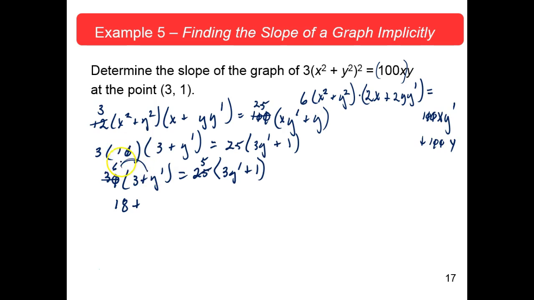You're distributing the 6 inside, right? I said 6y. Oh, you did. Okay, I'm sorry. Speak up, I can't hear. Okay, 6y prime is equal to 15y prime plus 5. I'm liking this. We're cooking with gas now.